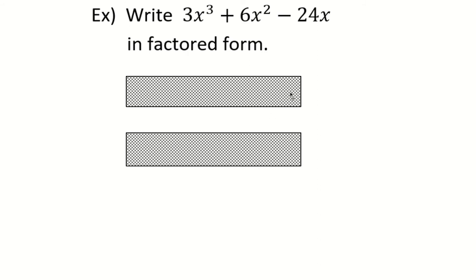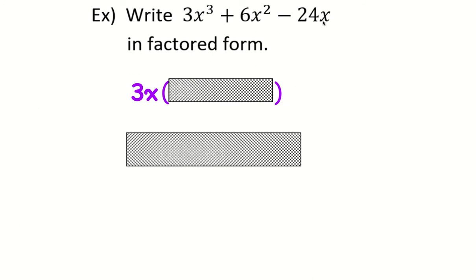That would be by greatest common factor. This trinomial, these three terms, has a GCF of 3x. You can divide 3x from all three terms, and what's left over is x squared plus 2x minus 8.